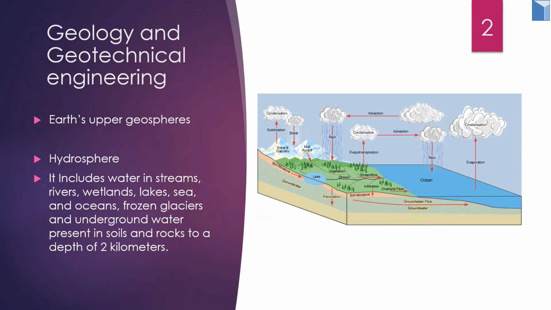The circulation starts from the surface of the oceans. When the sunlight hits the uppermost surface of the oceans, the waters begin to evaporate, and the evaporated water condenses into clouds.